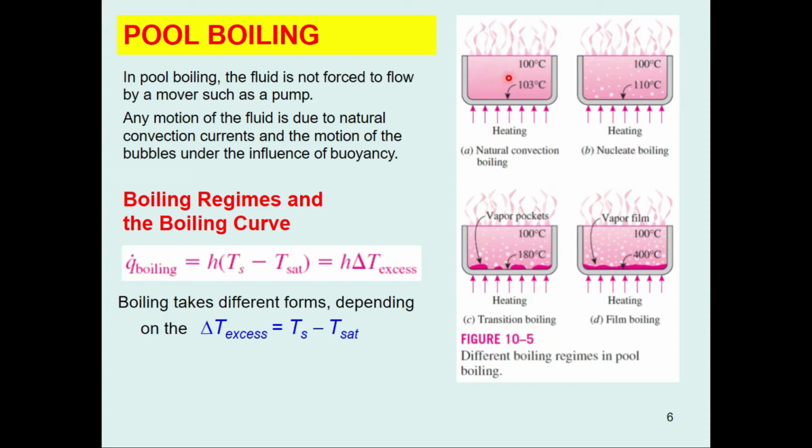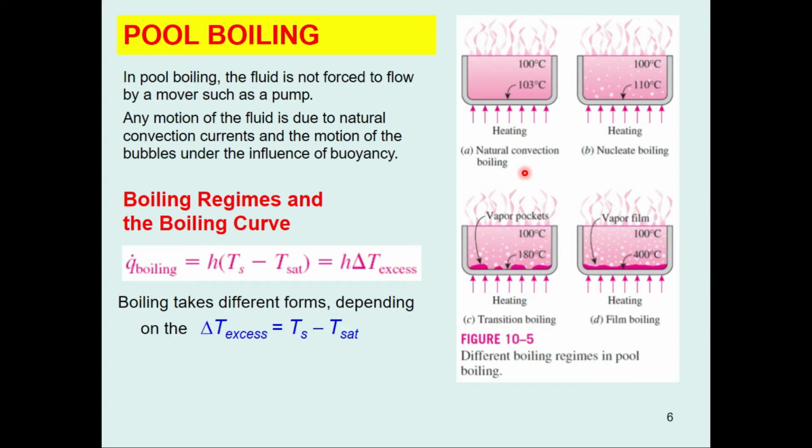If the difference between the surface temperature and the saturation temperature is very small, that is from 1 to 5, this boiling will be known as the natural convection boiling. If we take the difference 103 minus 100, the delta T excess will be 3. From this value of the delta T excess, we will say that this is the natural convection boiling.